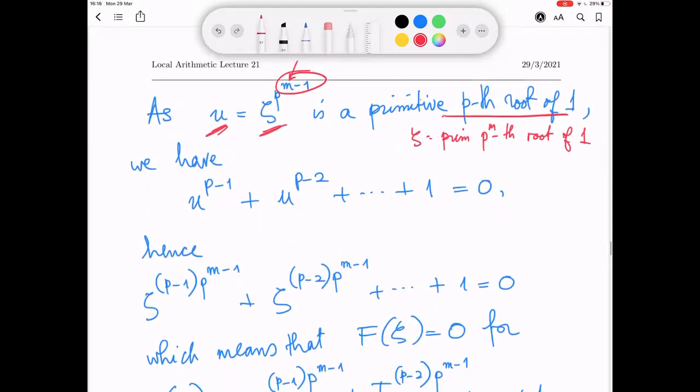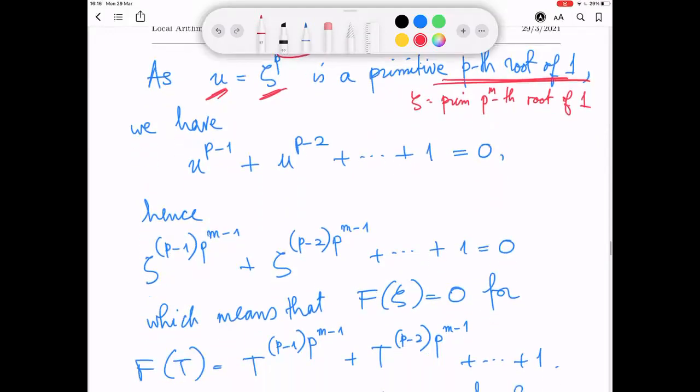And being a primitive pth root of unity, when I take 1 plus u plus u squared and so on, up to u^(p minus 1), I'll get 0. Because if t^p minus 1 is 0 and t is not 1, the left-hand side here can be factorized as this, right?